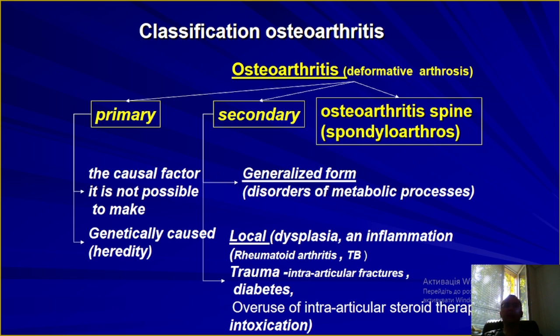In this case, we don't know why it is happening. The risk factor, the causal factor, can't be determined. And secondary. Secondary is the situation when we have etiological factors or risk factors which led to this problem.